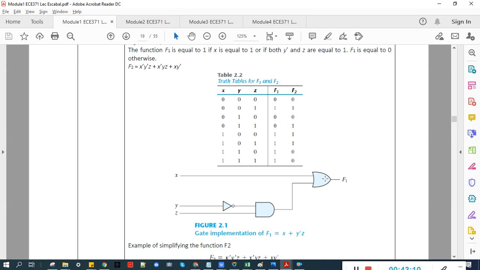This is the logic gate symbol for OR. F1 is the OR operation of X and Y prime Z. This is Y prime. We implement prime or complement by using an inverter. So Y prime ANDed with Z.